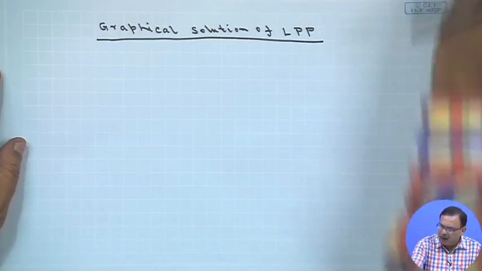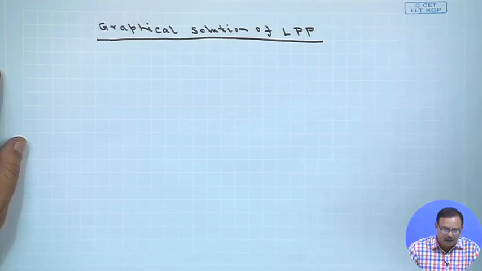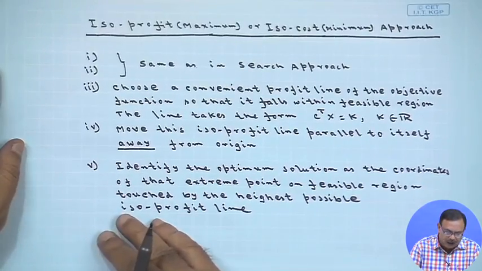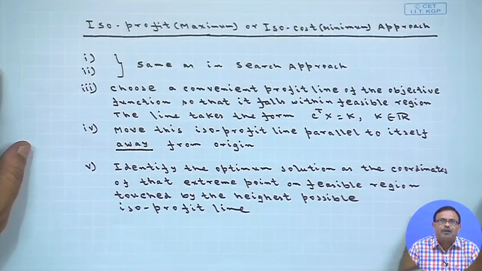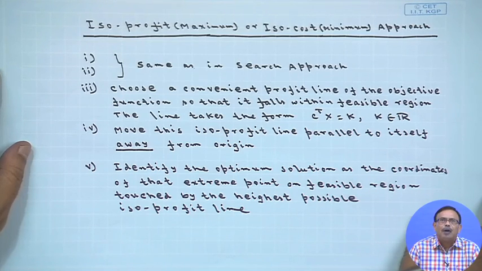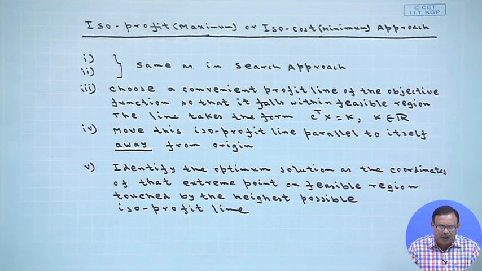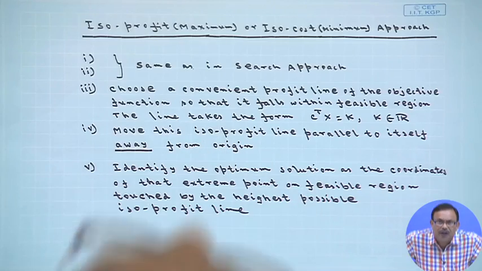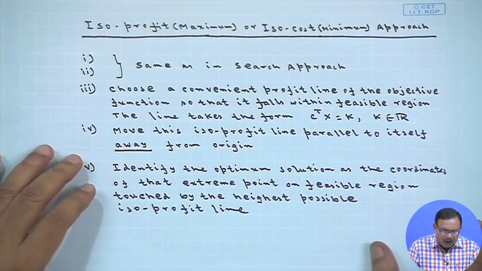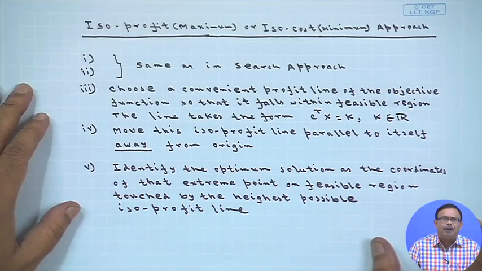So, this is the search approach, whereas the other one, the ISO profit approach, which we call maximum, or ISO cost, which we call minimum, is almost similar, but there is a difference. Here point number 1 and point number 2 are the same as we discussed in the search approach.